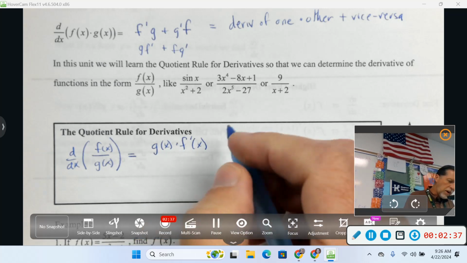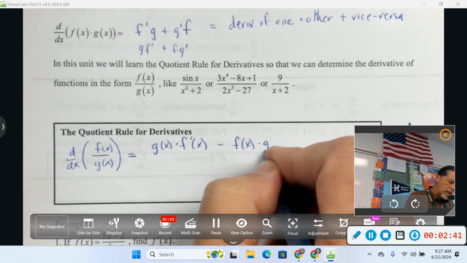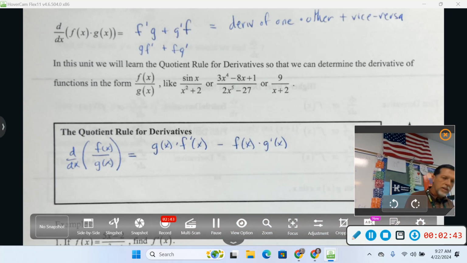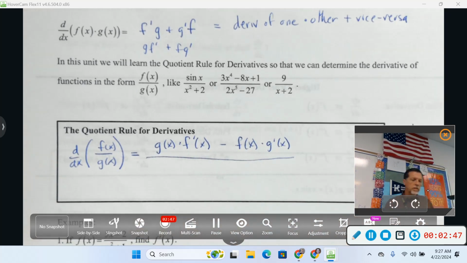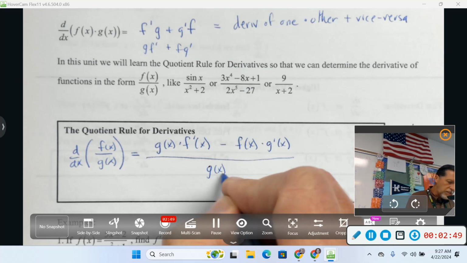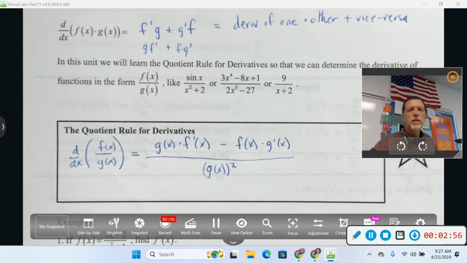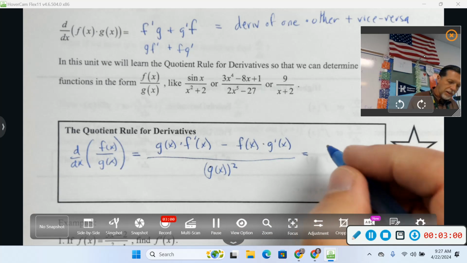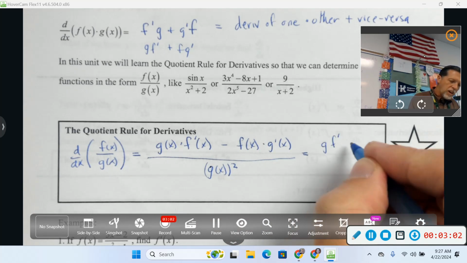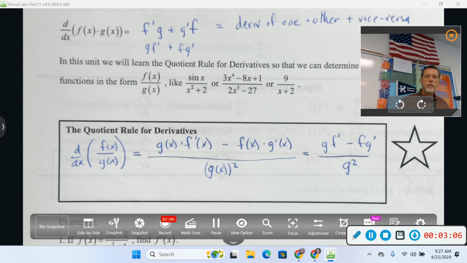So g f prime minus f g prime, and if only that was it, all over g of x squared. Okay, so without all the x's in there that kind of gum up the works, g f prime minus f g prime over g squared.